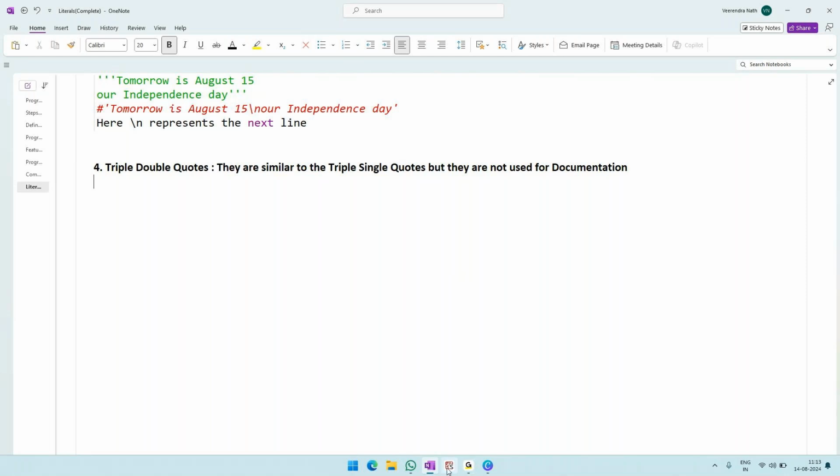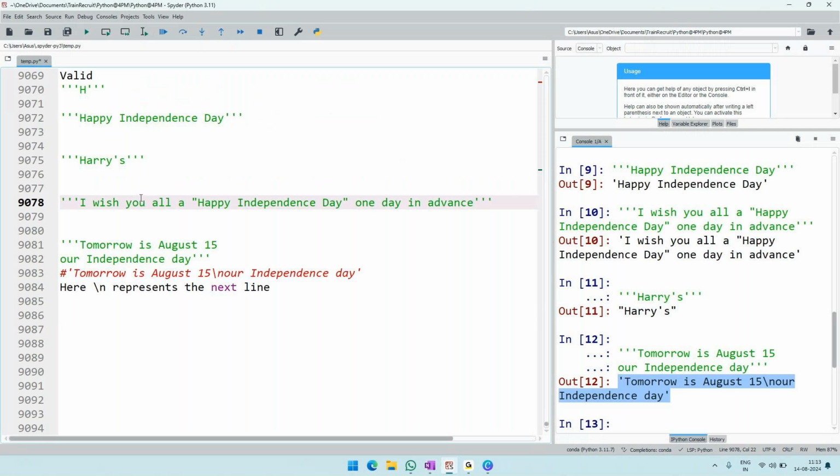So we will go back here. If you run this, they are all the same.